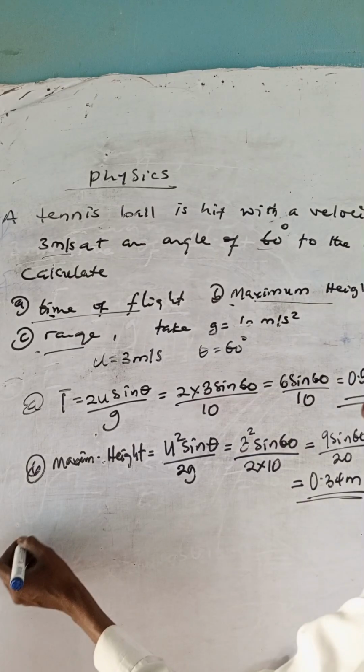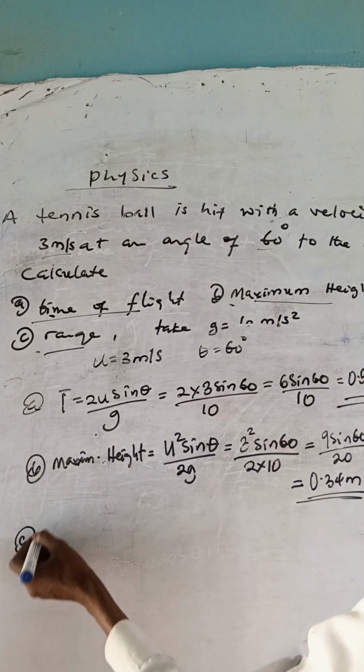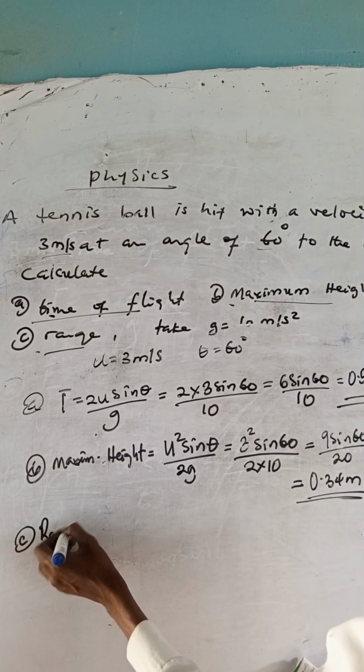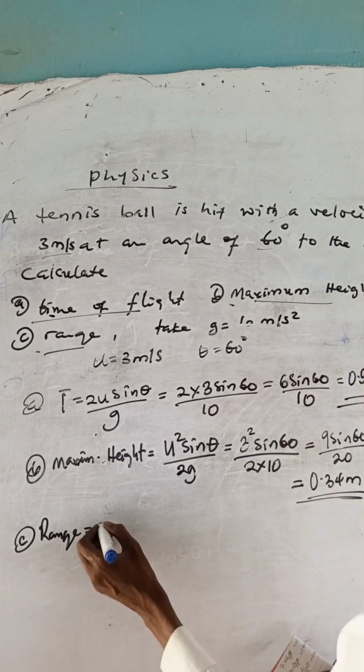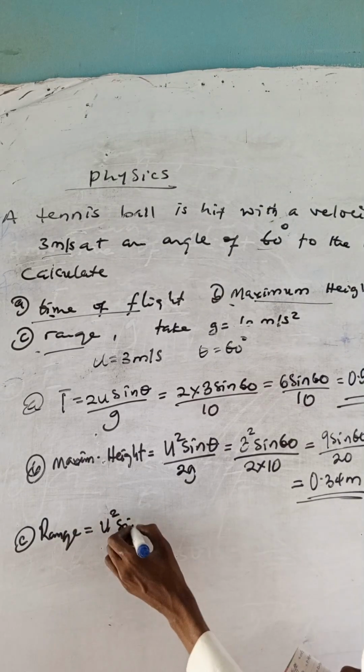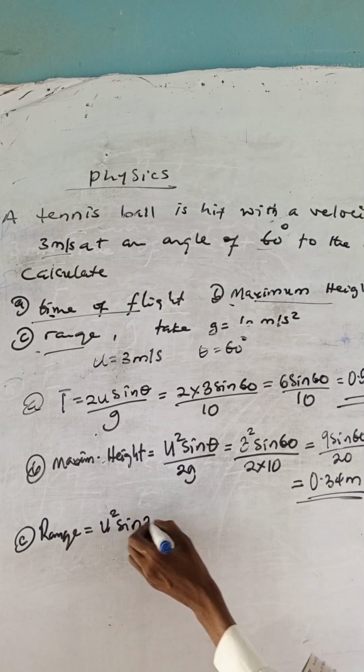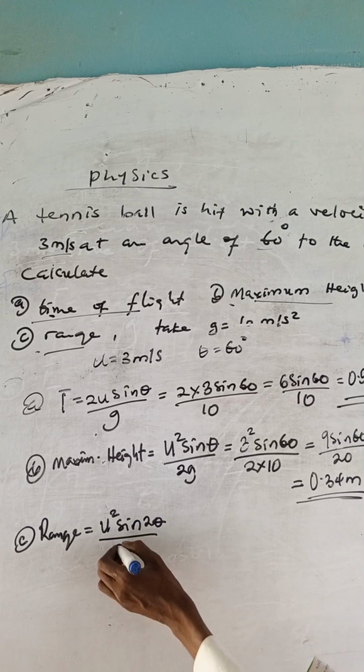And then the last is C, horizontal range. Horizontal range is equal to u squared sine 2 theta divided by g.